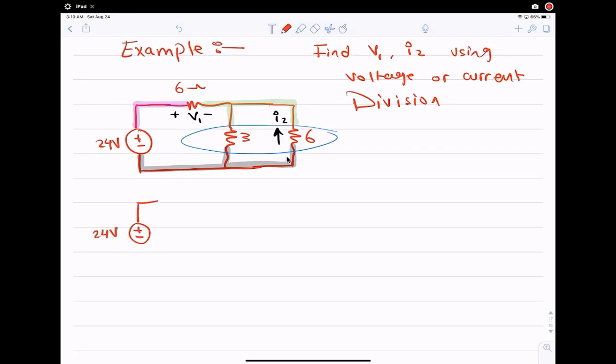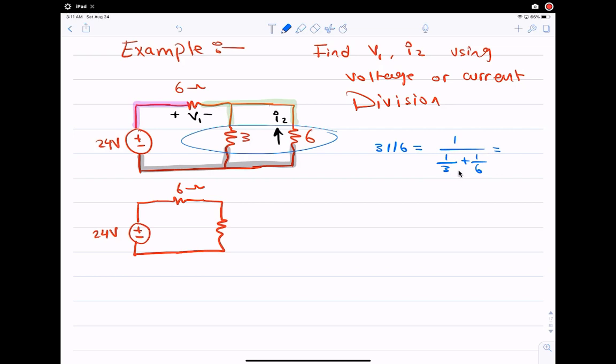24 volts, and then we have 6 ohms, and here I'm gonna have a new resistor which is 3 parallel with 6, which should equal 1 over 3 plus 1 over 6, right? This is the parallel combination rule.